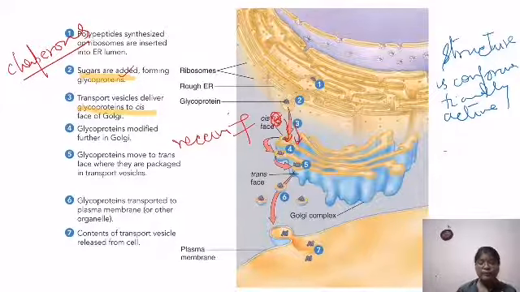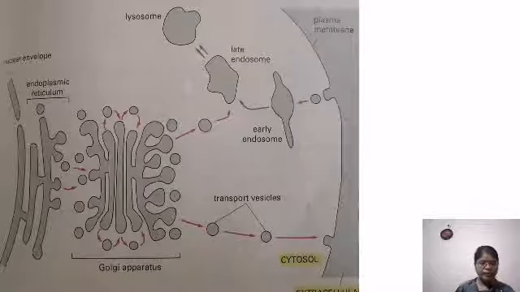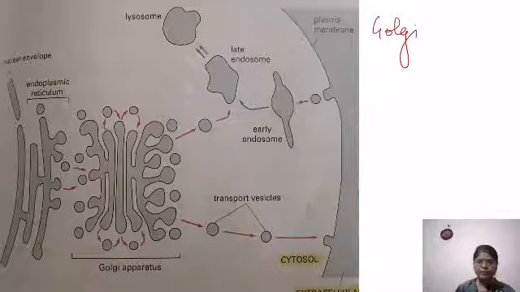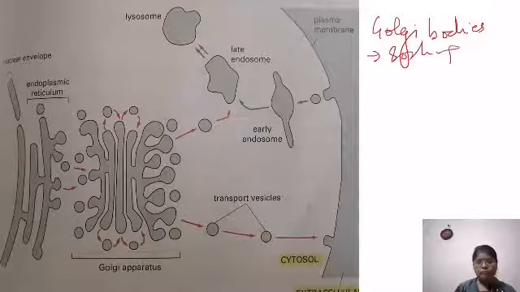Let's look into that. We were discussing the various roles of the Golgi body, so let's come to the roles first, then I will explain the diagram. The Golgi body does various things. It does sorting.